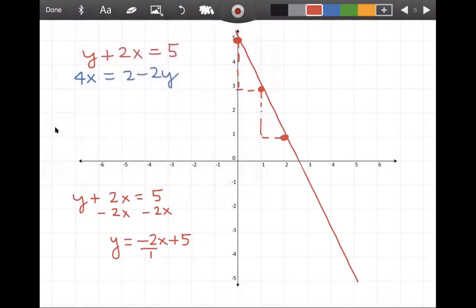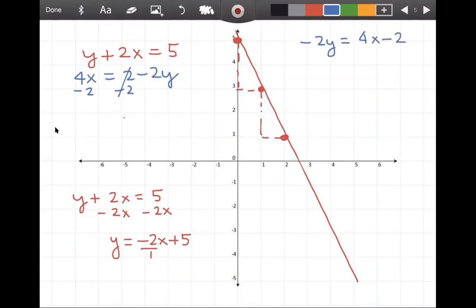All right, now 4x equals 2 minus 2y. That's written in kind of a strange form. Let's see what happens when we write that one in slope-intercept form. I'll start by subtracting 2 on both sides, which is going to give me -2y equals 4x minus 2.